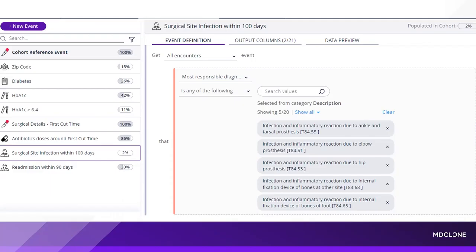And maybe we want to know if there's any surgical site infections within 100 days of the procedure. And so all of those outcome variables have a time associated, whether you're tying it to the original surgery or whether you're tying it to a specific event or outcome that you're looking for in your time-related event section. There's a lot of flexibility with time so that you can get unique and important insights that would take many iterations with an analyst and a lot of time.